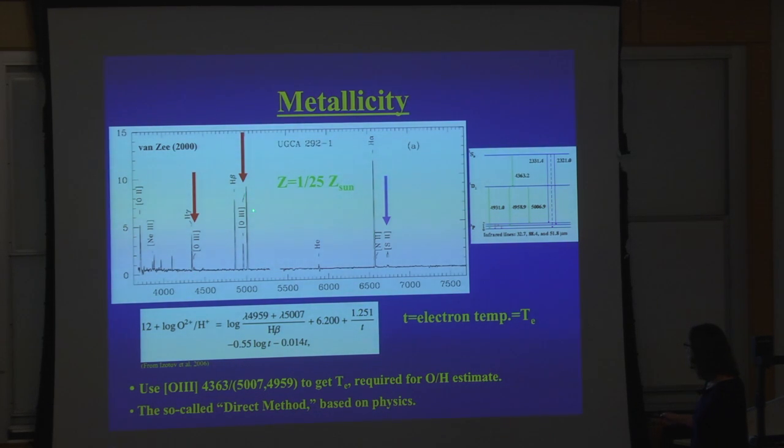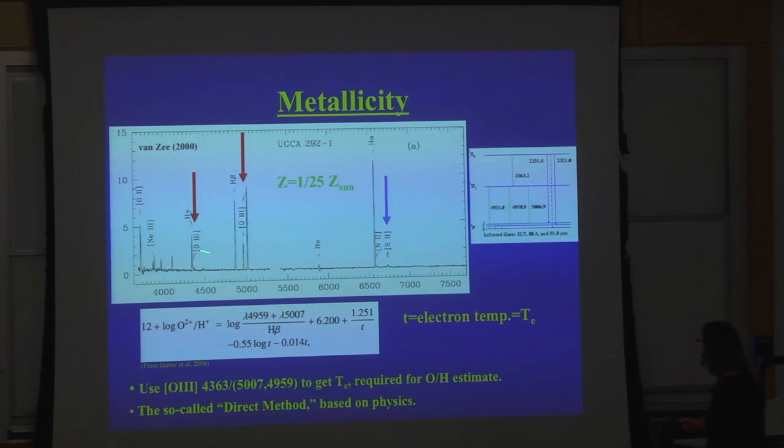These are from the same ionization state, but they're actually probing different energy levels. The 4363 level is coming from here down to here. The 5007 line comes from the intermediate level down to one of the ground states. The relative strength of these lines tells you about the temperature of the gas in the star-forming regions.